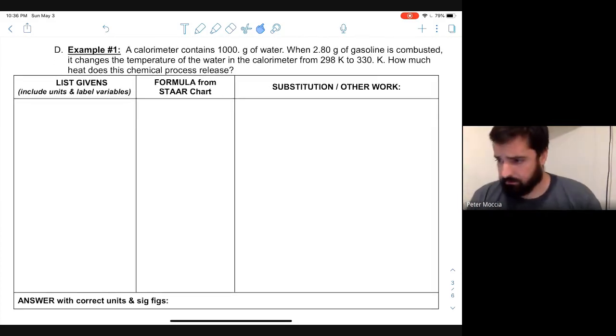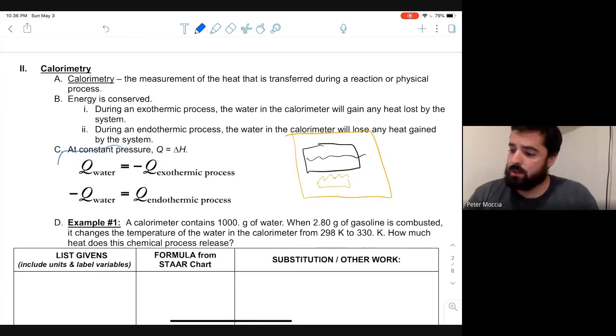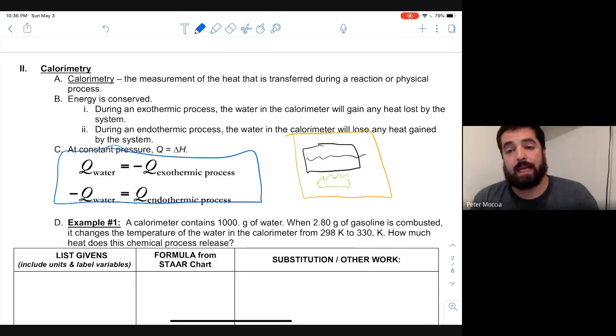Okay, so it's important for you to know that how much heat the water gains is equal to the opposite of the heat that the process releases, and if the water loses heat, that's equal to the amount of heat that the process itself gained.